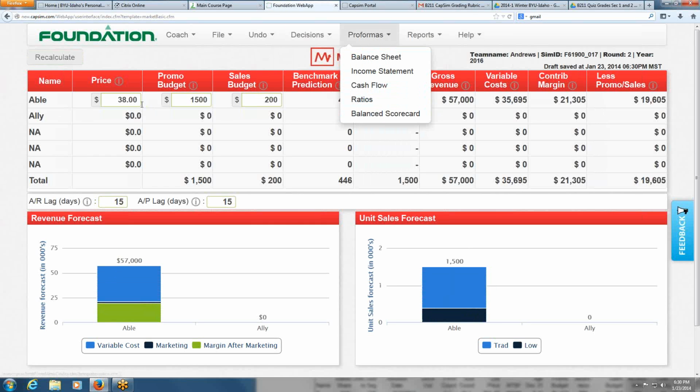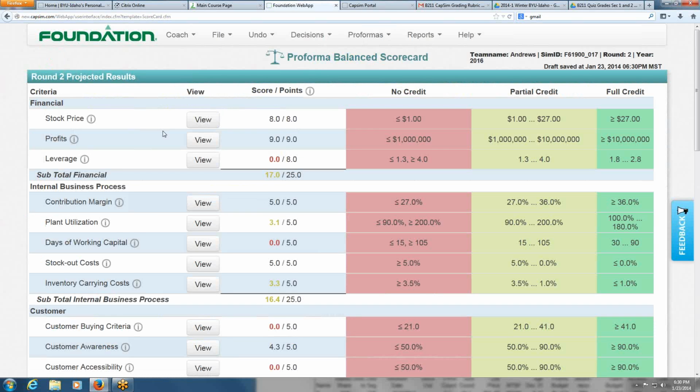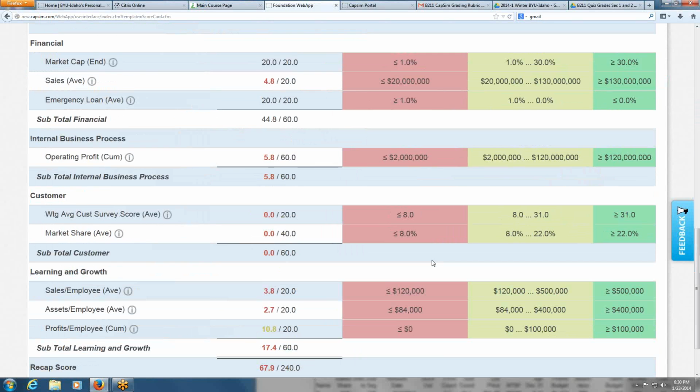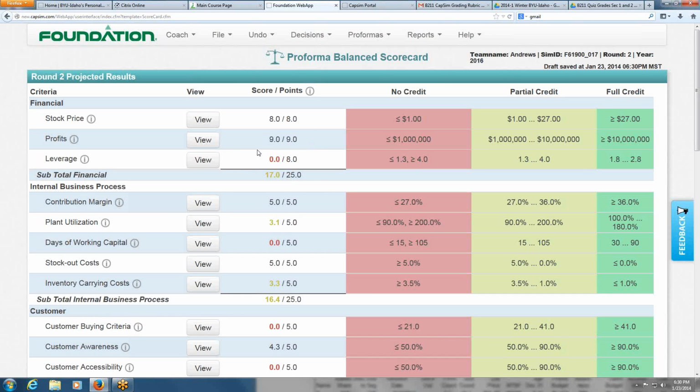Oh, and I'm going to raise my price because I want to. How did that affect my scorecard? So now my stock price and profits are at 8 and 9 where they were at zeros, but my leverage went down to 0. So if I think I'm actually going to sell that much at that price, then I'm doing a whole lot better than what I was before. But then you're going to have to try to fix your leverage. Does that make sense?